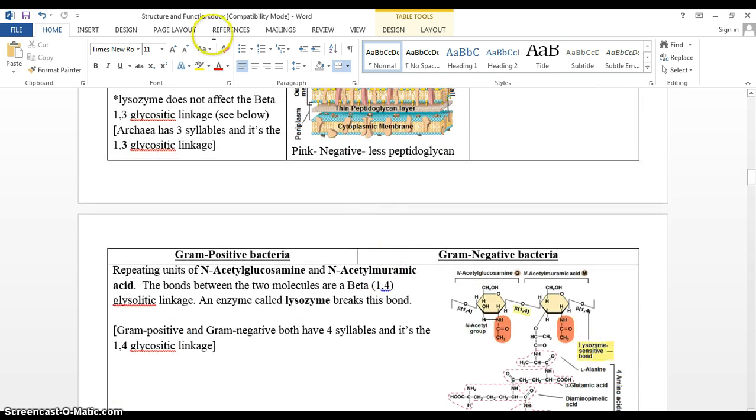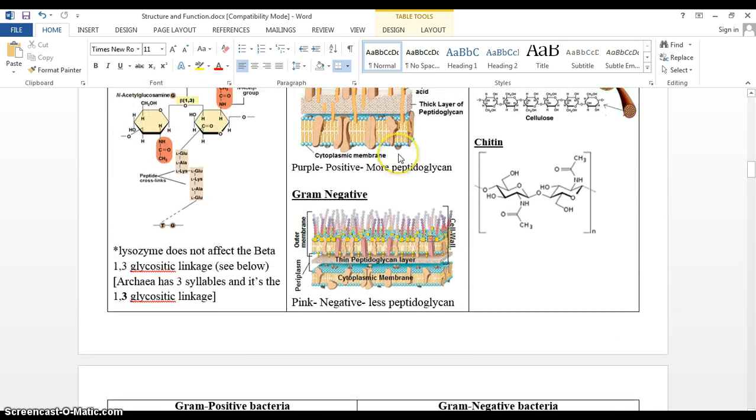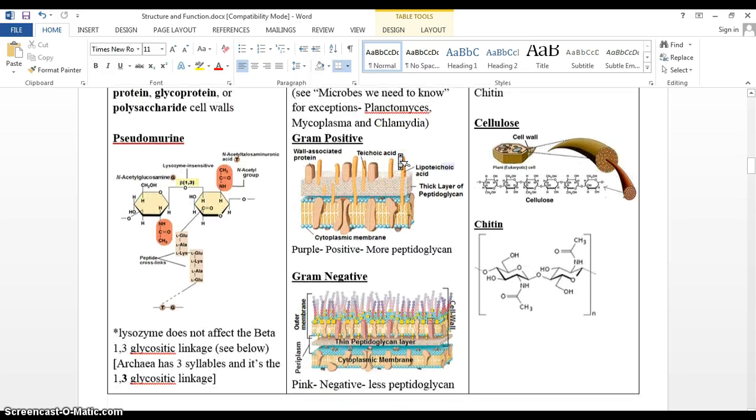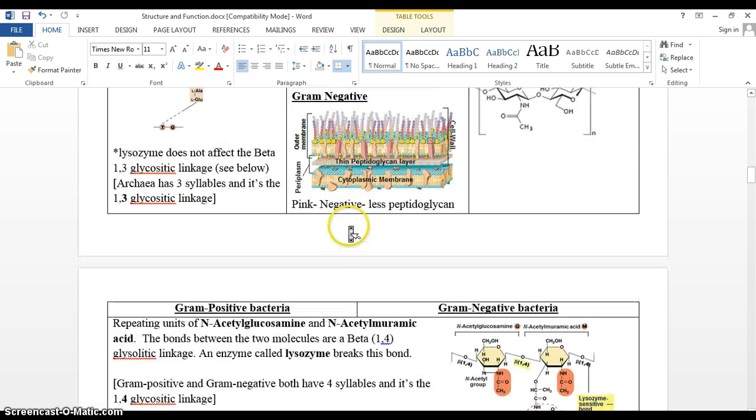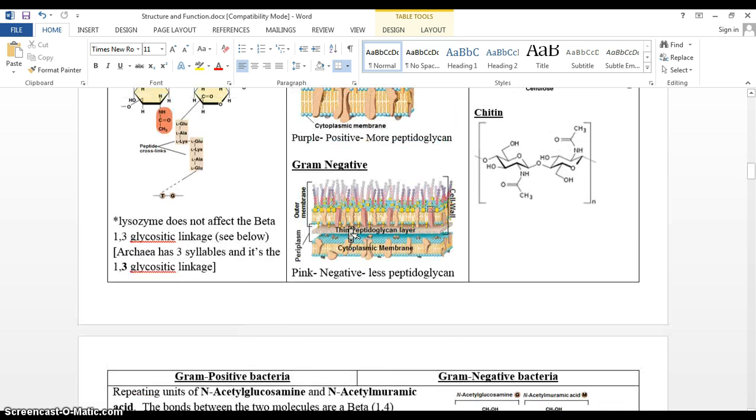If you go to structure and function in the study guides I sent you, you'll see some stuff about gram positive and gram negative cells. The way I remember it is there are a lot of P's in this whole thing. Purple is positive, and you have more peptidoglycan, which is important.